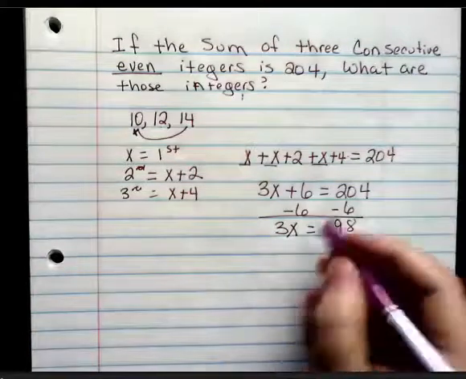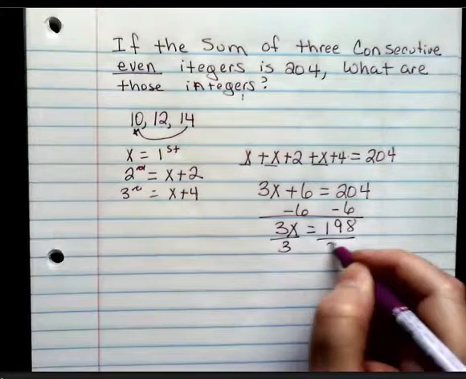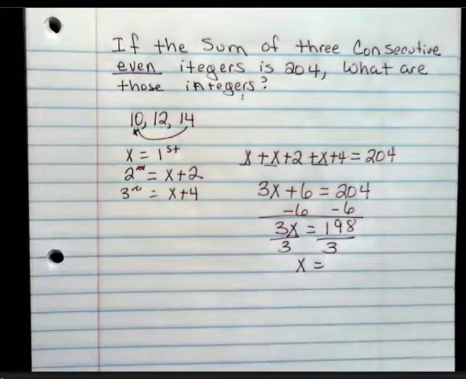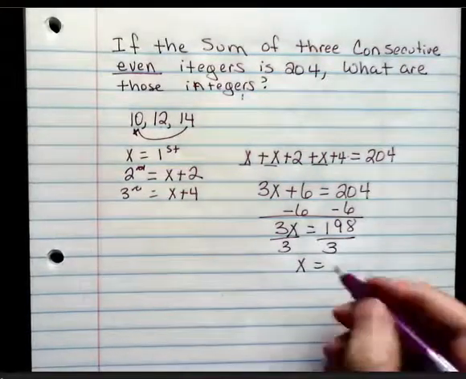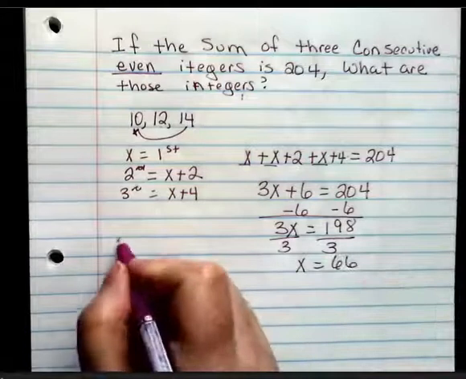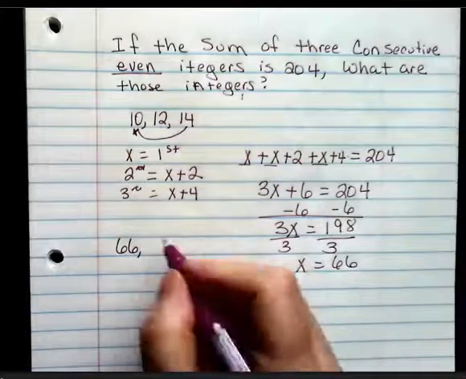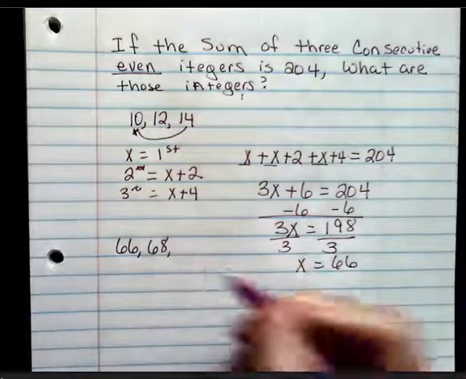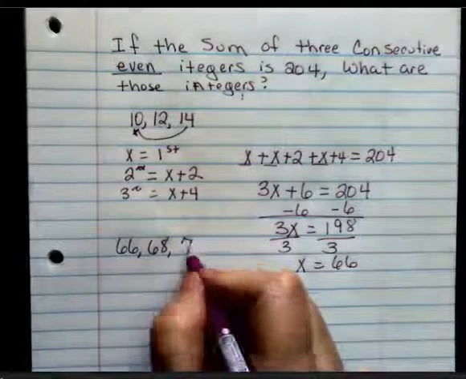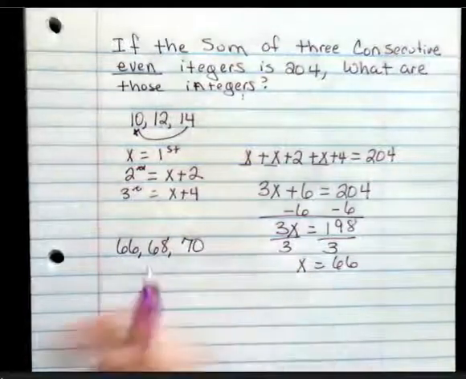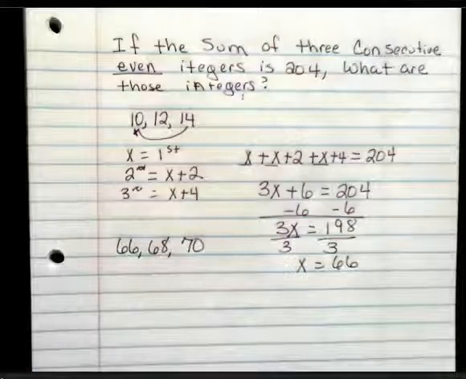And then divide both sides by 3. 66. So my first number is 66. My second number is 68. And my third number is 70. Now if you added those together, 66 plus 68 plus 70, you get 204.